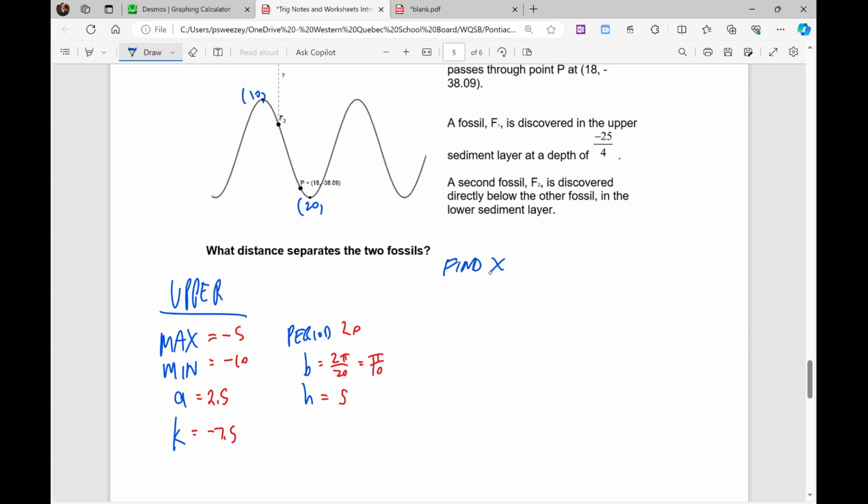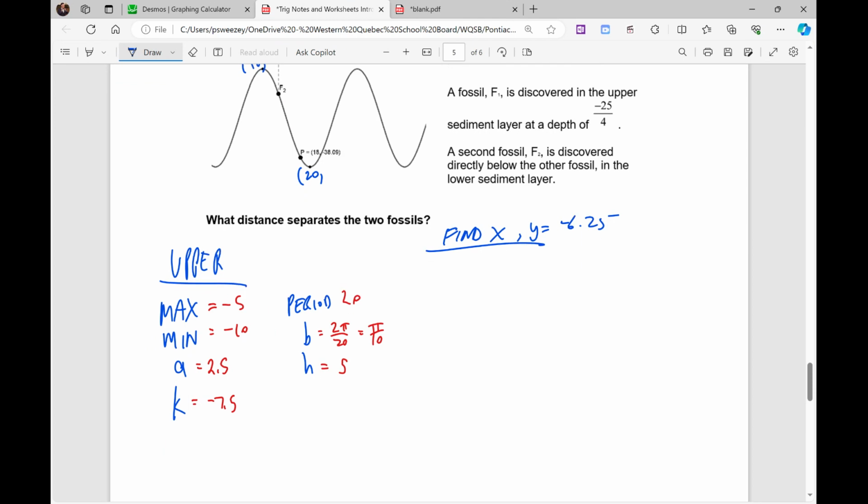Find x, a little bit more challenging, when y is equal to -6.25. So we are going to plug that in as a y value. We have 2.5 sine pi over 10 x minus 5, and not plus, but -7.5.